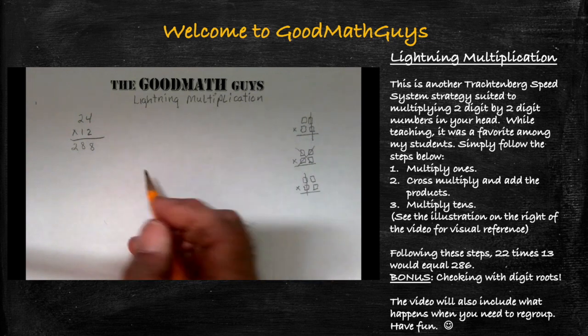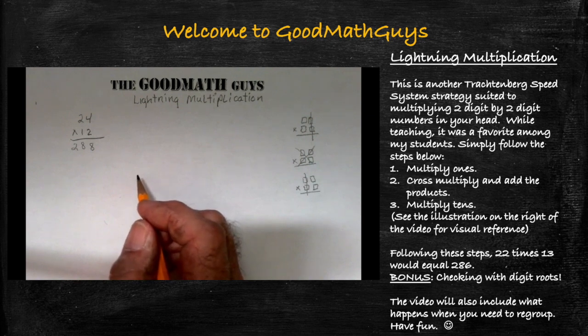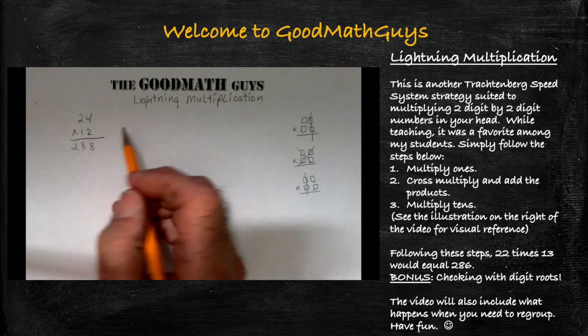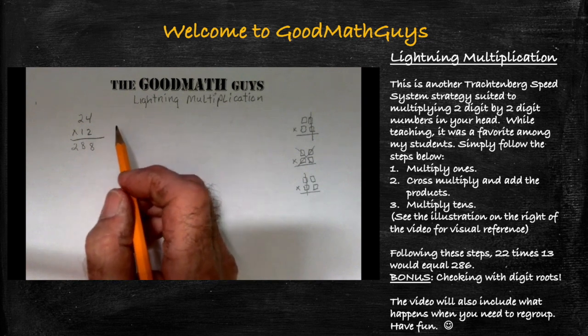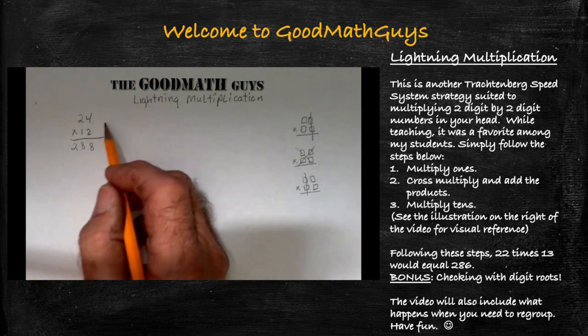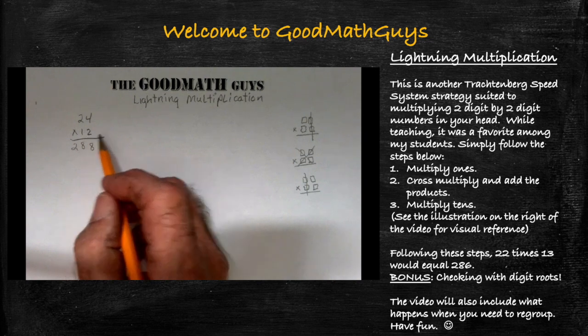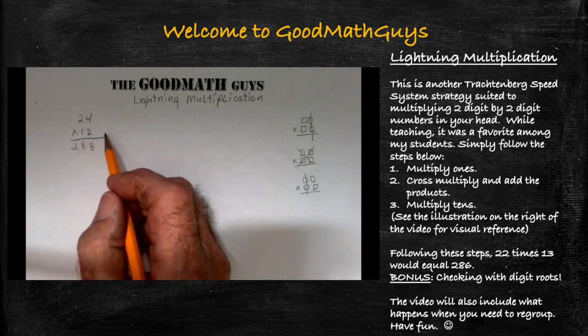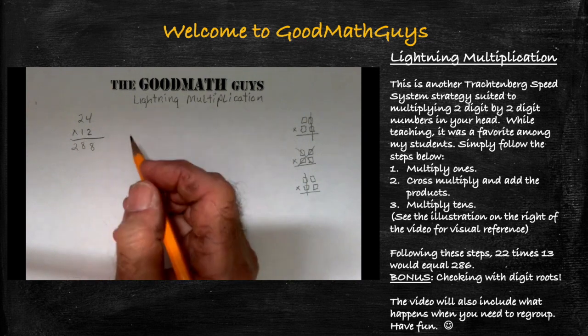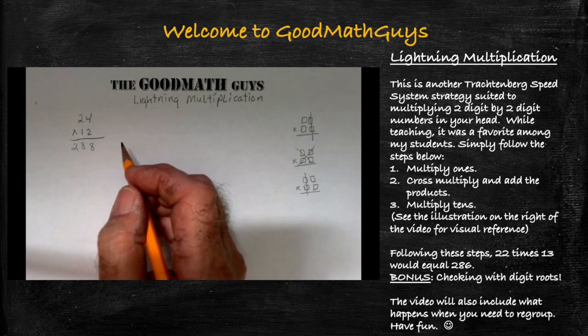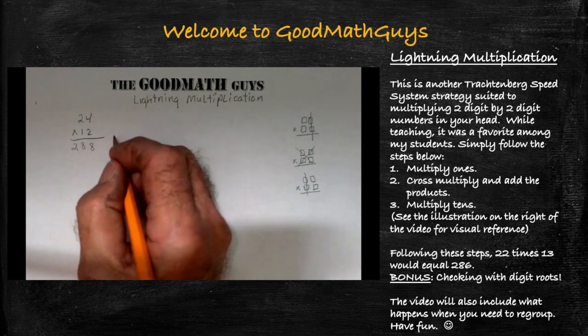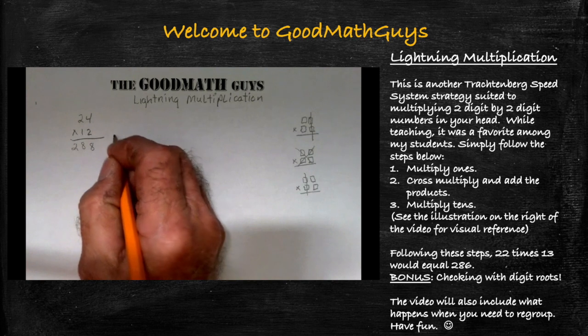So let's use digit roots to check this. Again, I'm going to do a lot of this digit root checking in my head. 2 and 4 is 6, so that's the digit root for 24. 1 and 2 is 3. 6 times 3 is 18. 1 plus 8 is 9. So we think that our magic number is going to be a 9.